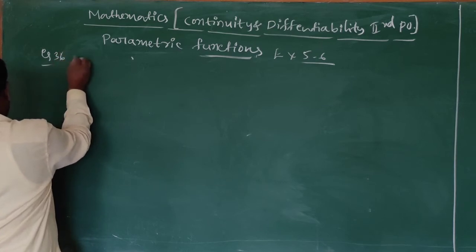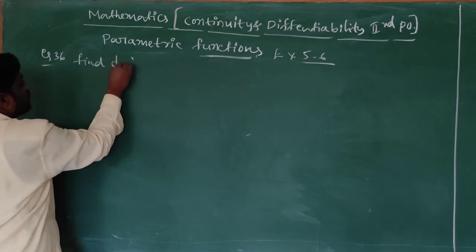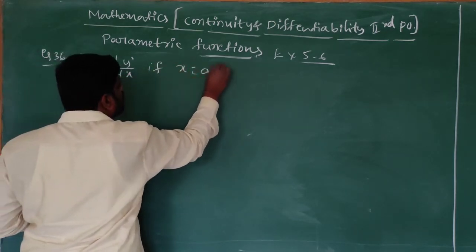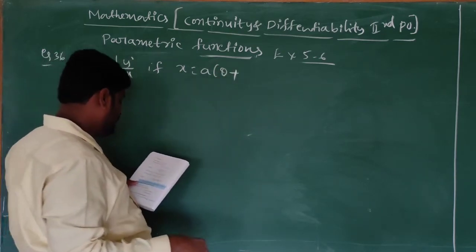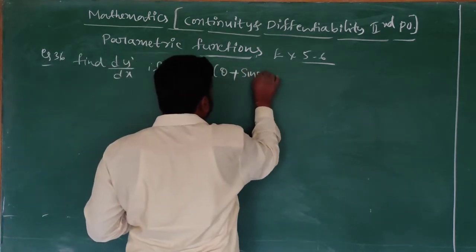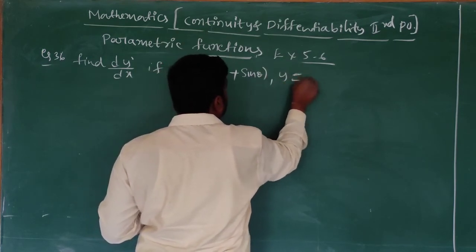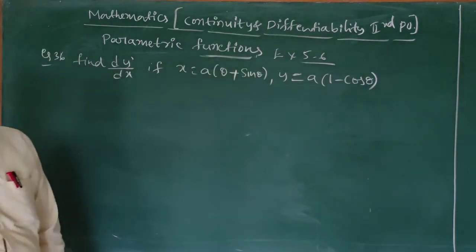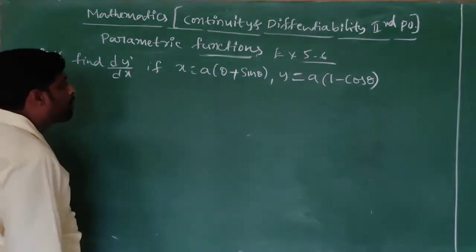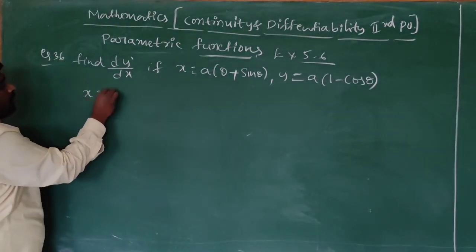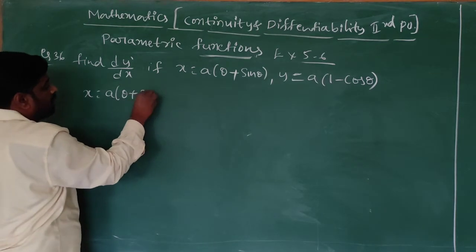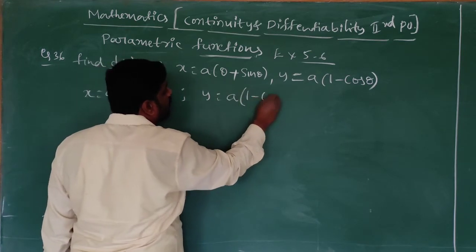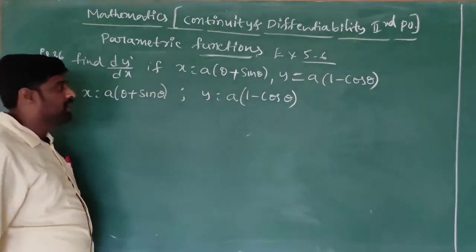Example 36. Find dy by dx if x is equal to a of theta plus sin theta, y is equal to a of 1 minus cos theta. Dear children, observe here. So x is equal to a of theta plus sin theta, y is equal to a of 1 minus cos theta.